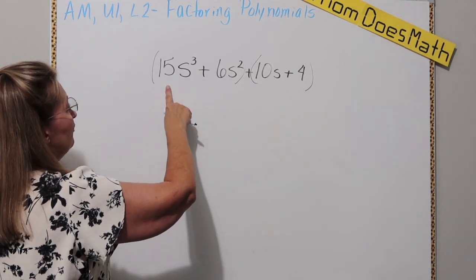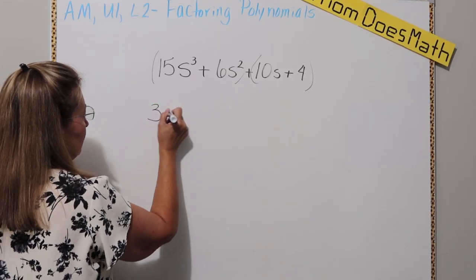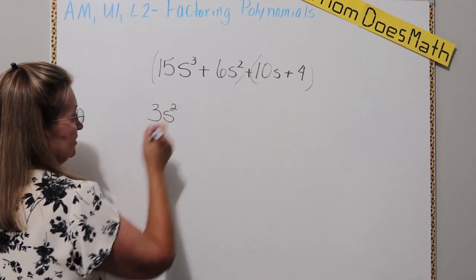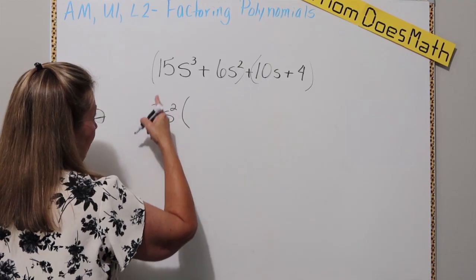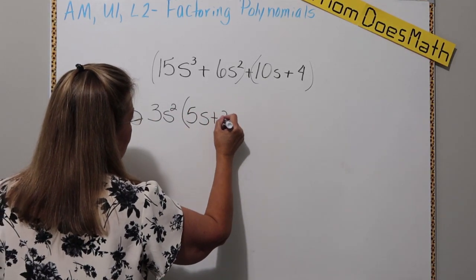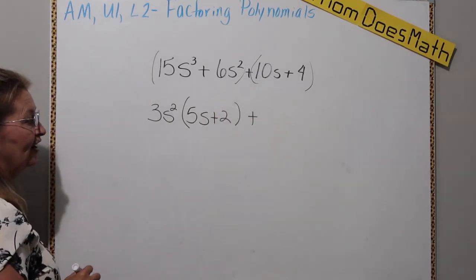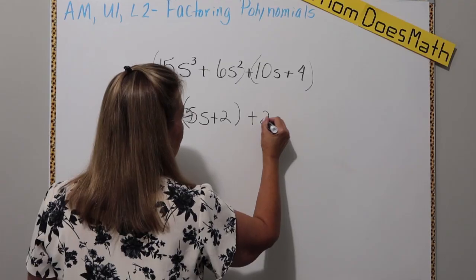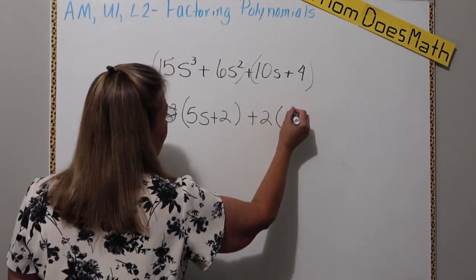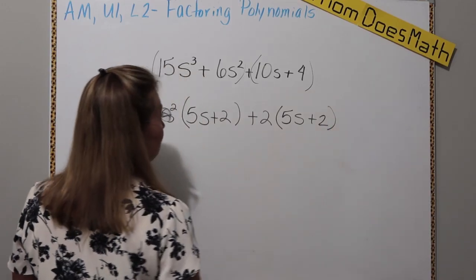Now the greatest common factor between these two numbers is 3s to the second power. So when I divide that out of here, I get 5s plus 2. Alright, down here, my greatest common factor is 2. When I divide it out of there, I'm going to be left with 5s plus 2.